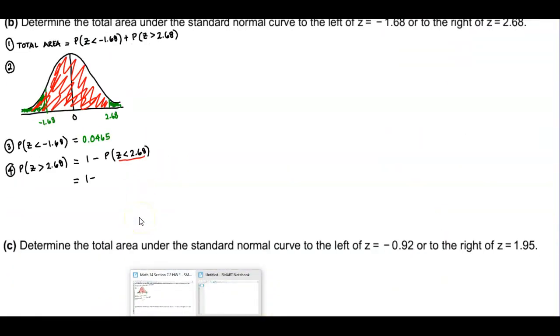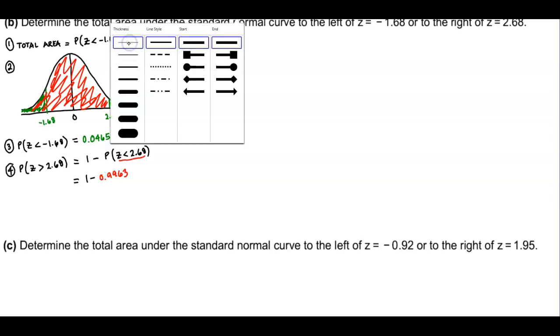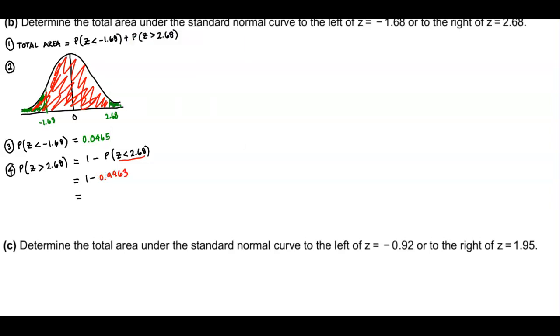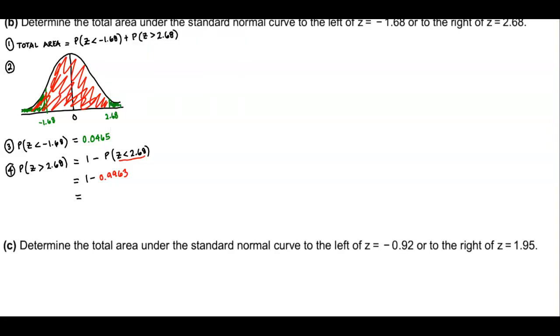So we're going to minus 0.9963. And when we subtract, we get the following area to the left, which is 0.0037.